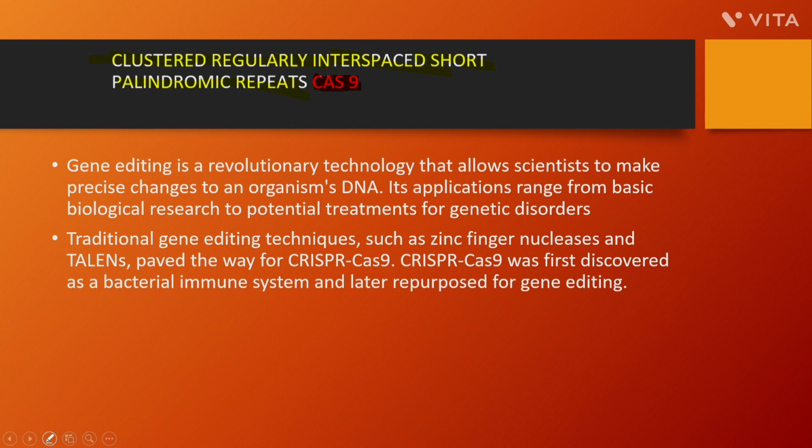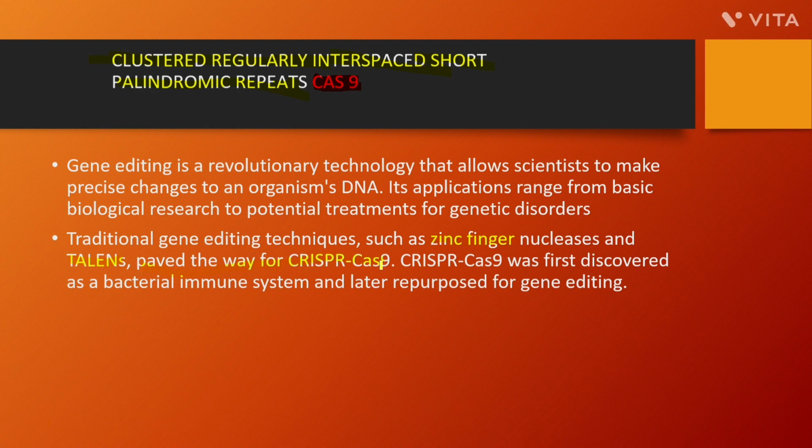Gene editing is a revolutionary technology that allows scientists to make precise changes to the organism's DNA. Before we discovered CRISPR technology, scientists used two gene editing techniques called zinc finger and TALENs, and it paved the way for CRISPR-Cas9.